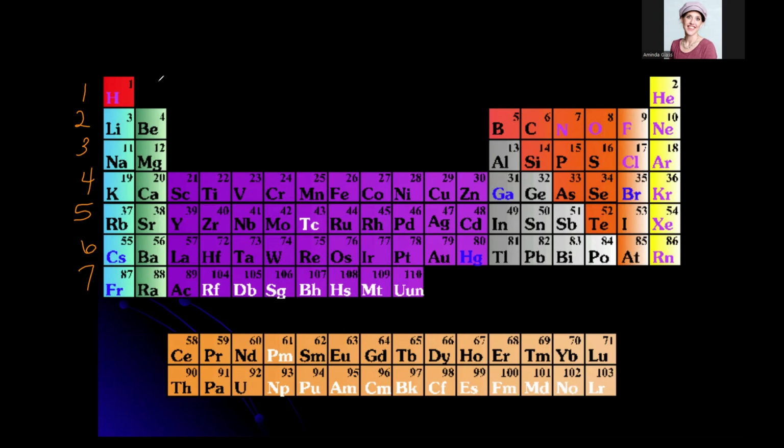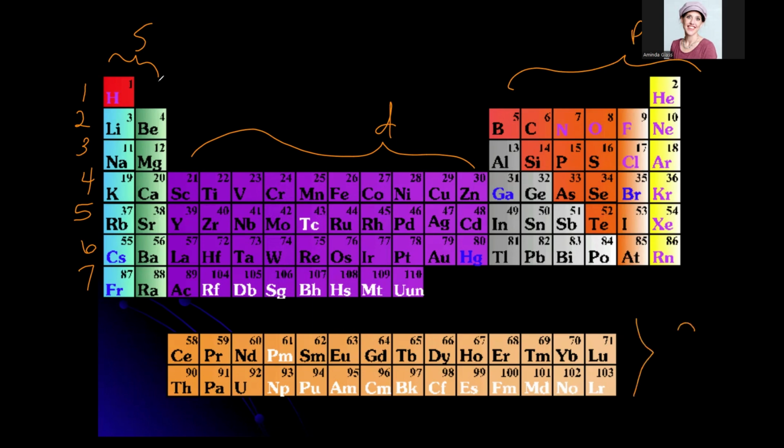We know that our S, P, D, and F. So this would be the S, this is the D, this is the P, and this is the F sublevel. We know we have groups, and within the groups, 1 through 18, we have specific trends.